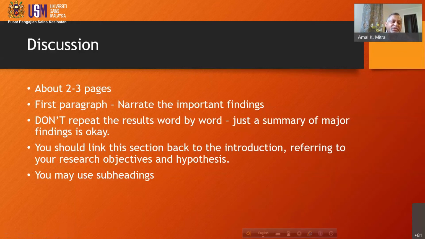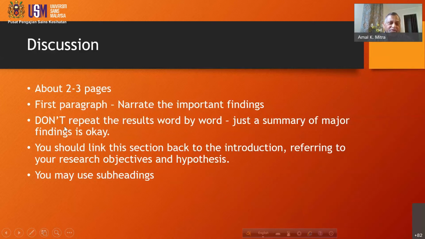Just 3-4 sentences max. Your important findings, maybe 4, maybe 3. Just narrate them without talking too much about the data. Just tell your important findings.